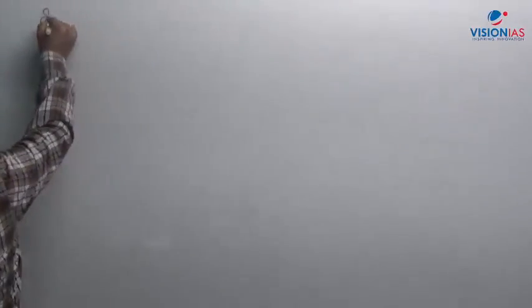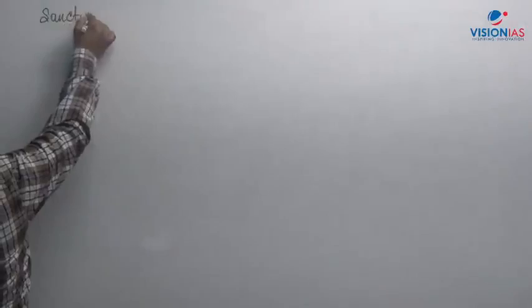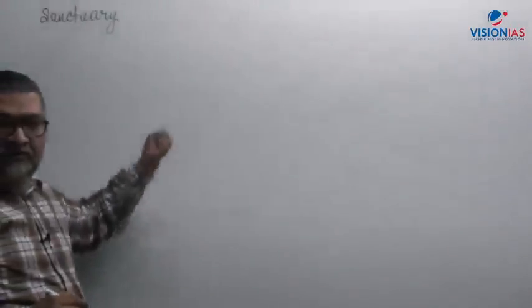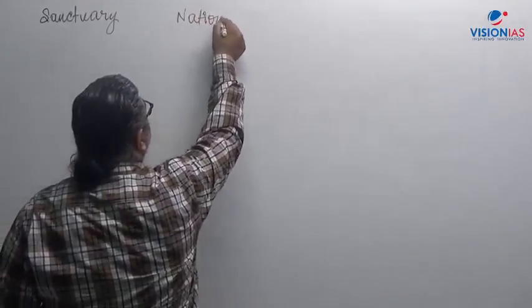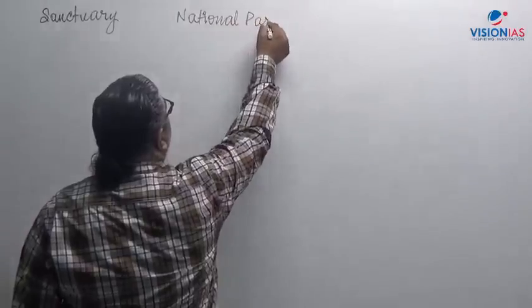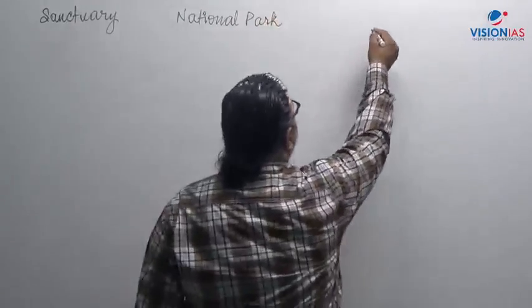So now look at here. I'm giving here the first one, the heading is sanctuary. Right? The first heading I have given is sanctuary here. Then national park. Same way you can write in your note copy there. And then biosphere reserve.